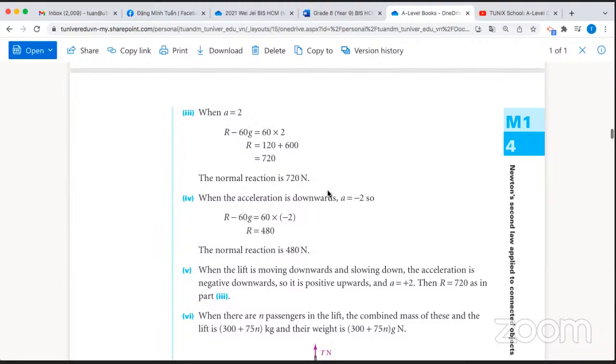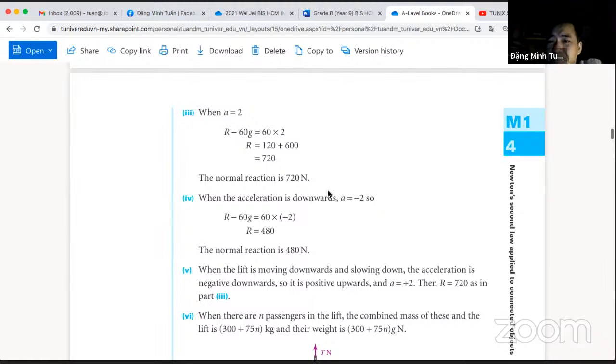Now if the acceleration is downwards, a equals -2. You see here the normal reaction is 480 Newton. So we can conclude that the lift is moving downwards and slowing down. The acceleration is negative downwards, so it's positive upward.